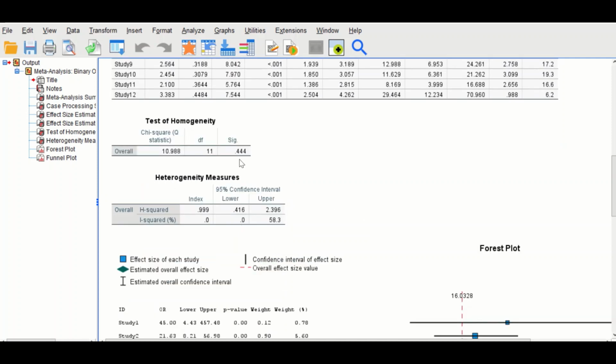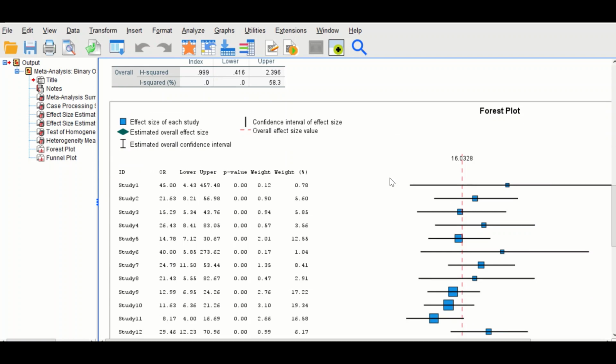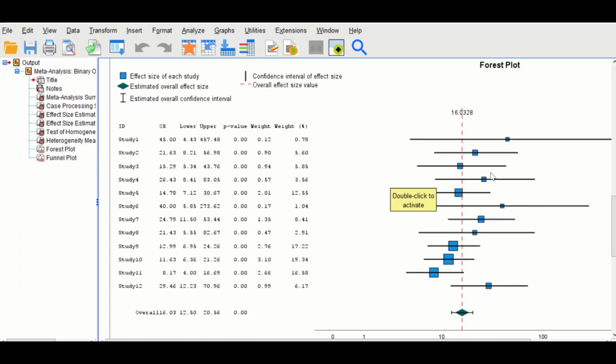If we look at the following section here, I squared is produced, presented as a percentage, and the percent is equal to 0, which indicates that there is no heterogeneity among the studies. The next most important diagram is the forest plot.